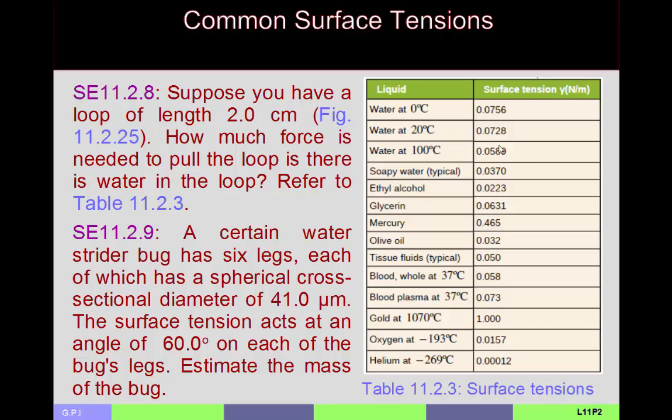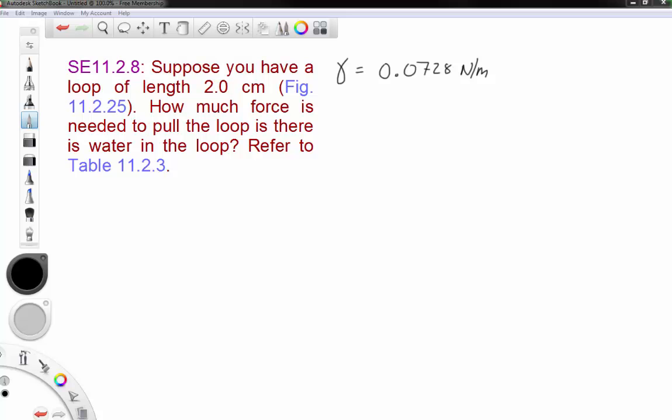So looking at this table, it depends upon the temperature of the water. Let's assume we're at room temperature. So the surface tension is 0.0728 newtons per meter.